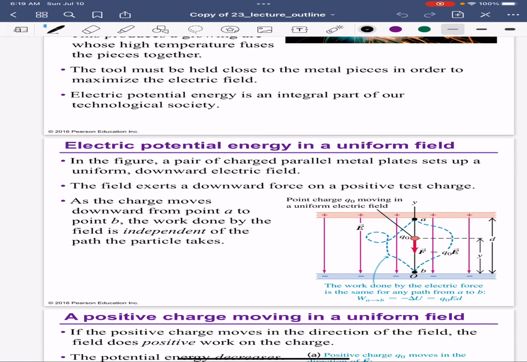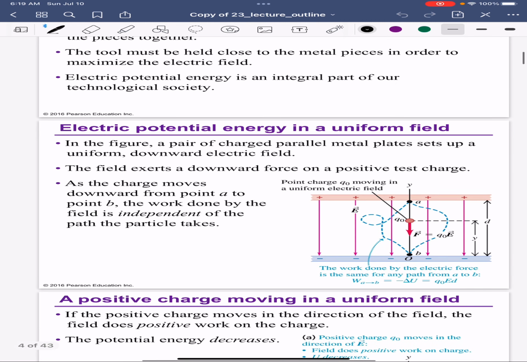Now let's look at this picture. We have parallel plates. One of them is positive, one of them is negative. The direction of the electric field is from positive to negative. Therefore, if you have a positive test charge, like Q0 here, it is going to have a force acting on it downward because of the electric field.